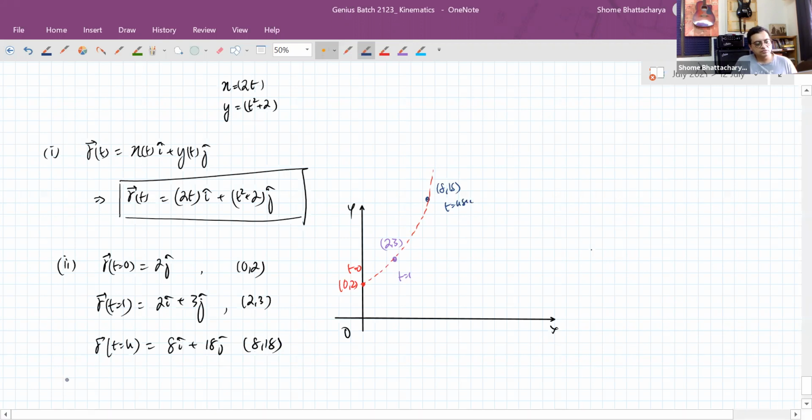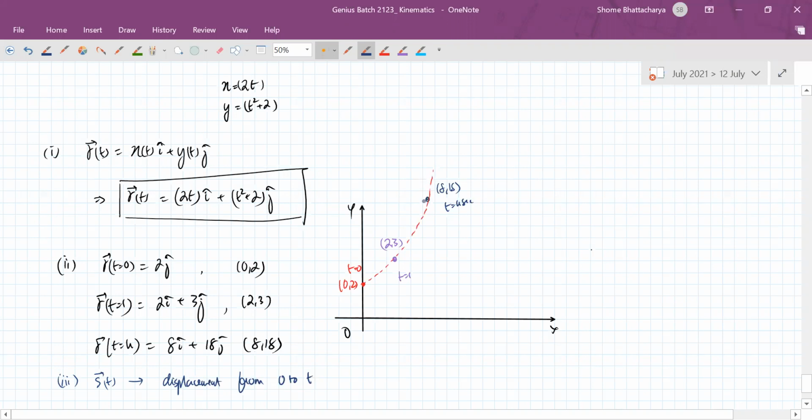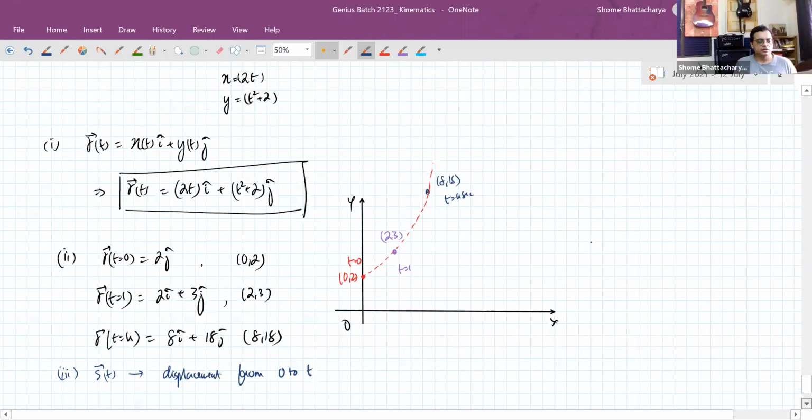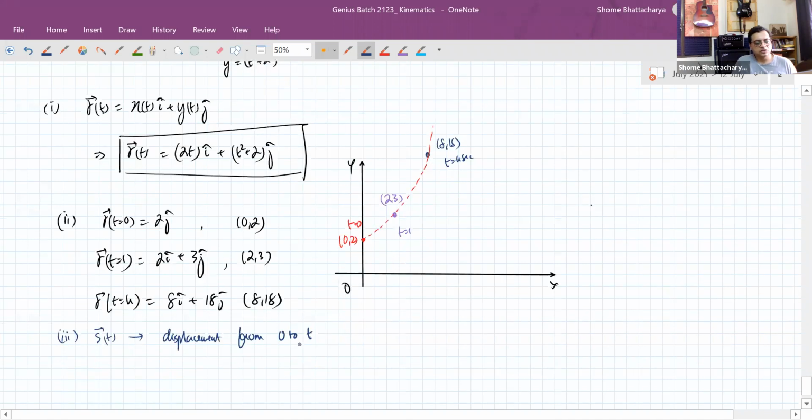So the third thing, we want to write the general displacement as a function of time. So this is basically displacement from 0 to t. In the second part, we also have to find the displacement at 1 and 4. We'll find that also. I'm coming to that. Okay. So this is position at time t minus position at t equal to 0.